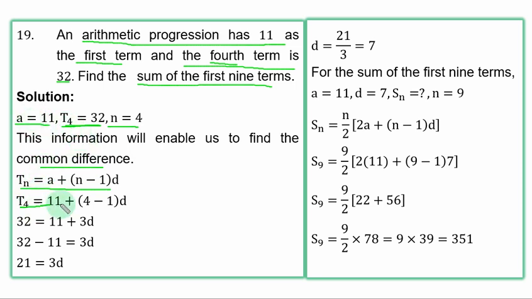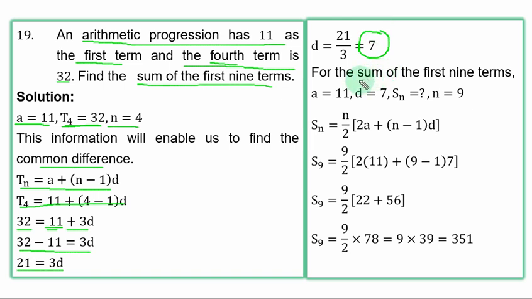Now t sub 4 is 32, equal to 11 plus 3d. Transfer this term to the left, and you have 21 equal to 3d. To get d, divide both sides by 3, and d, the common difference, is equal to 7.